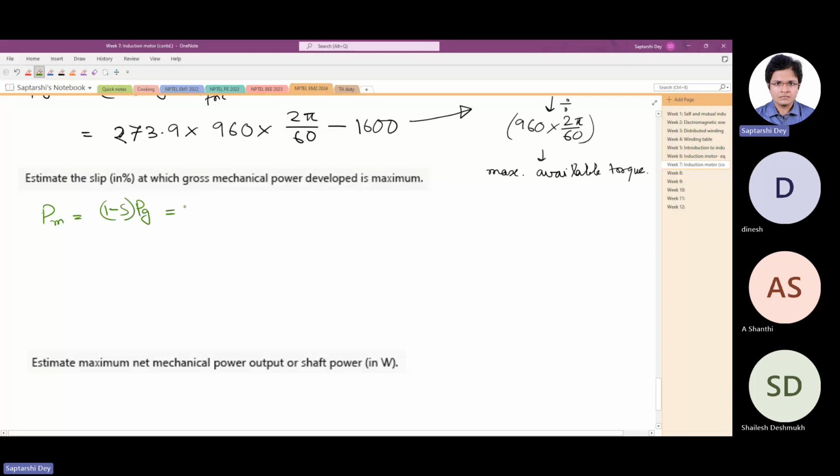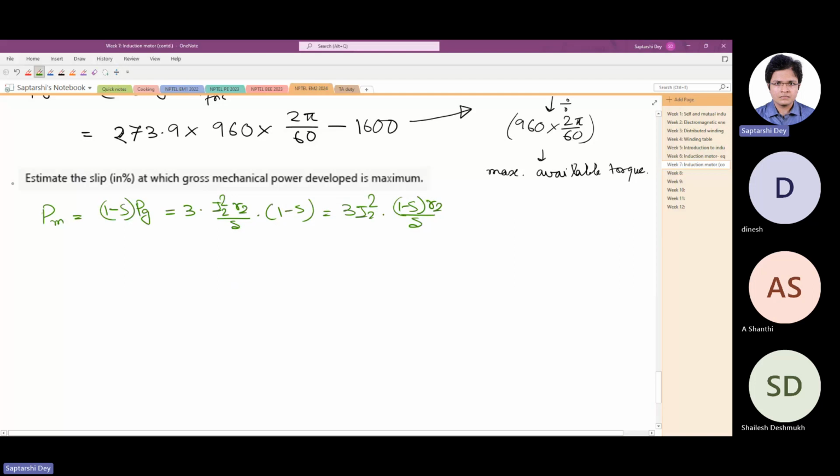So this is 3 times I2 squared R2 by S times 1 minus s. So you have to find out at what condition this resistance is dissipating the maximum power.